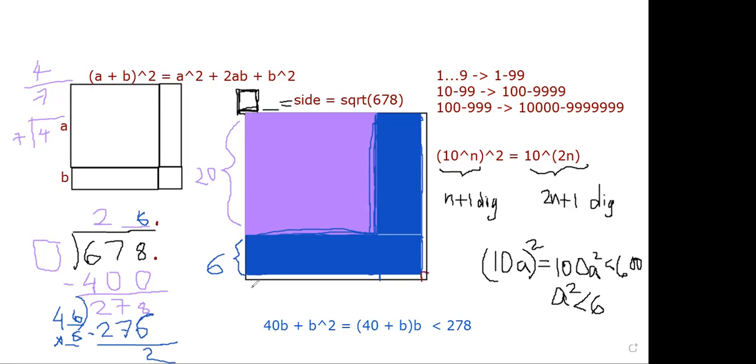So the rectangles will be 26. Now, if C is the digit, then it is actually 0.1 C.